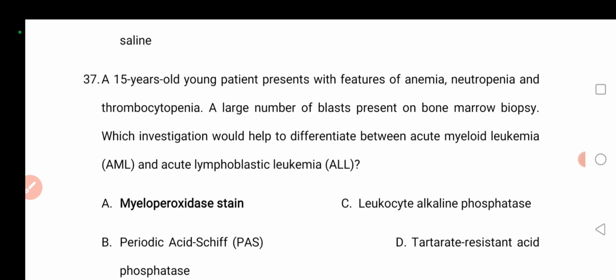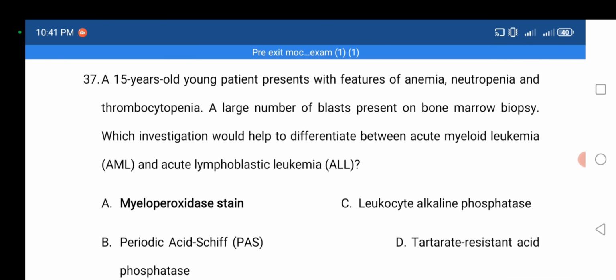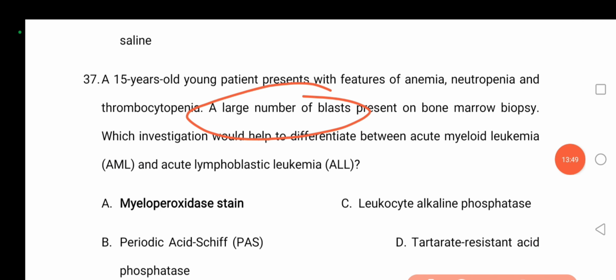If a large number of blasts are present, we expect the acute type of leukemia, not the chronic, because in chronic leukemia we expect more mature cells, not blasts. The immature blast cells are expected in acute.